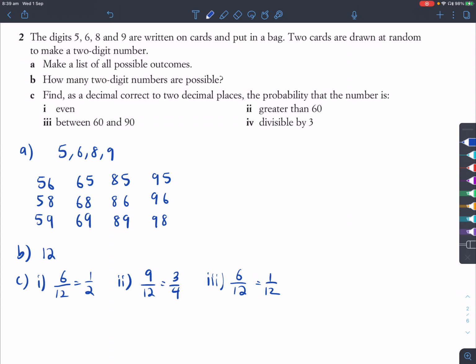Then for part 4, we're looking at numbers divisible by 3. Okay, so the easy way to do this is this. Okay, you've learned before in year 7 that numbers divisible by 3, there's a rule behind that. Okay, so what you do is you add the digits.